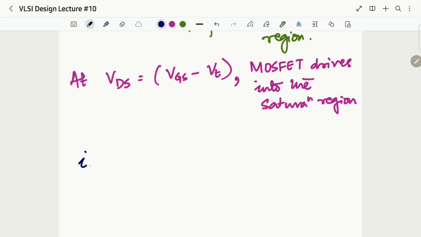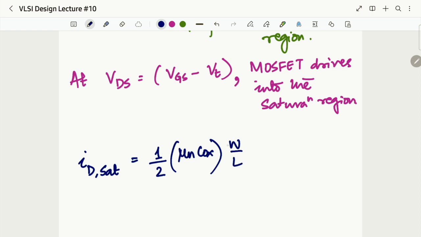So what will be my current equation? It will be ID sat, also in the subscript, equals half of mu n cox W by L, VGS minus VT whole square.